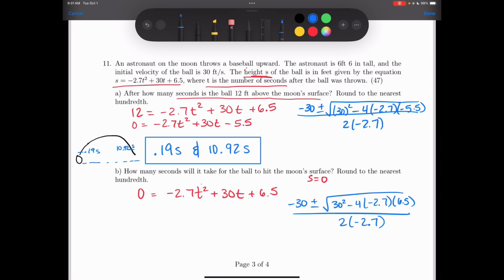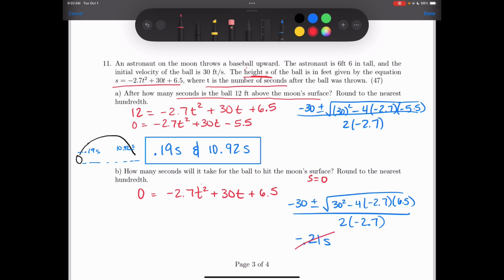So when I do the positive one, I get negative 0.21 seconds. What's the problem with that? You can't have negative seconds. Right. No negative time allowed, so that one is automatically going to be a problem.